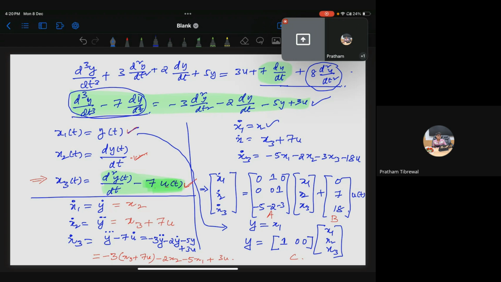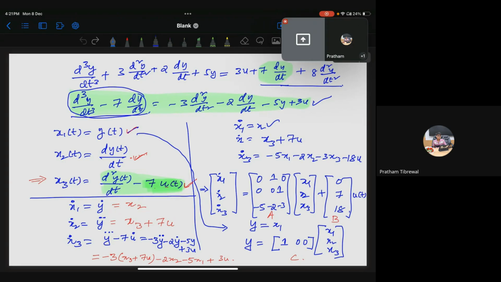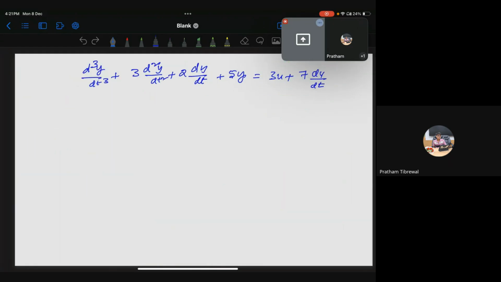Still my number of state variables is 3 only. So what should I do now? Here one more term will come at X3, with du by dt. The entire calculation will be different, but that is how you will find it. So that is one approach.